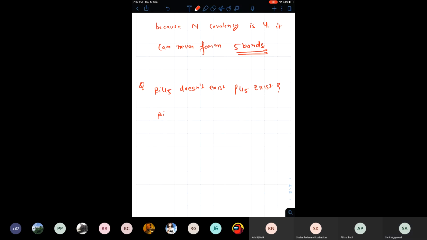Bismuth cannot show +5 oxidation state due to inert pair effect. Understood?